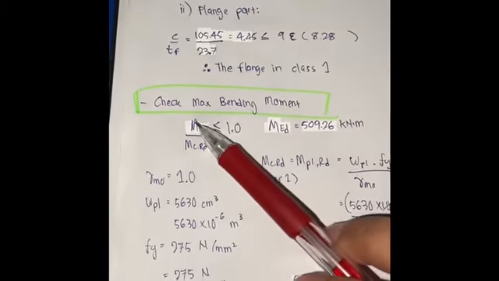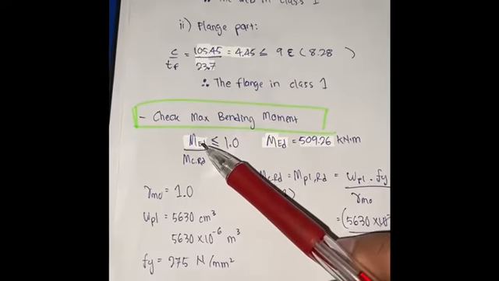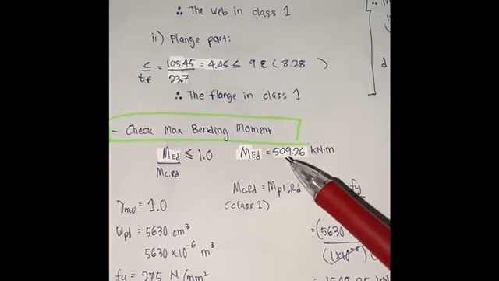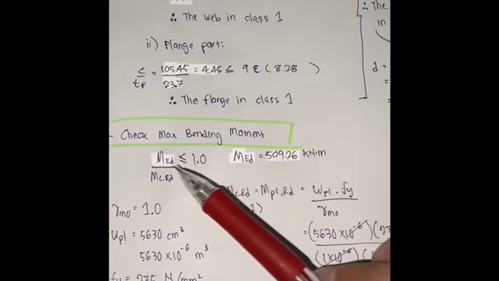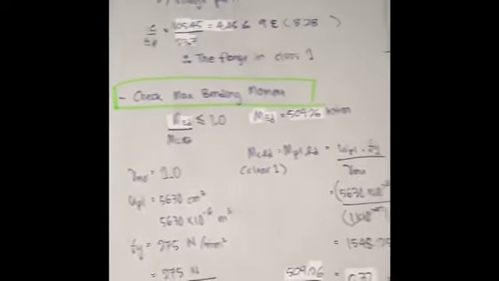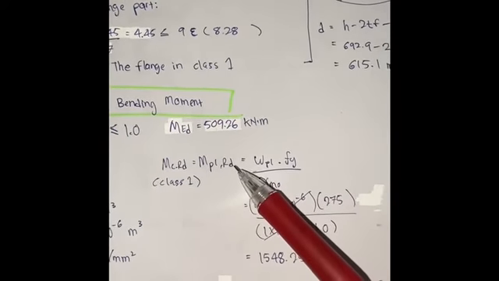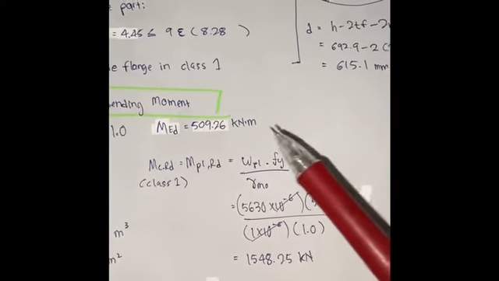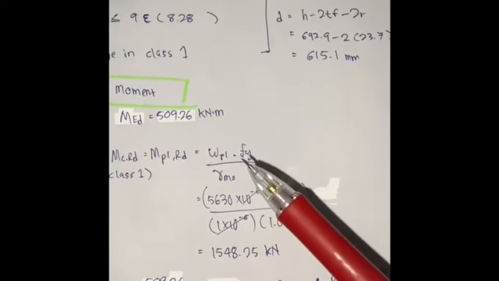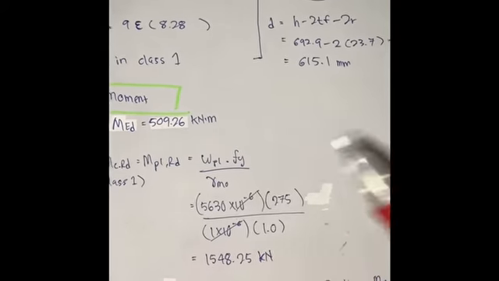So we will find the Mc,Rd to check that our maximum moment is adequate for the section. Mc,Rd for class 1 is equal to Mpl,Rd. So the equation for Mpl,Rd is Wpl times fy over gamma M0.